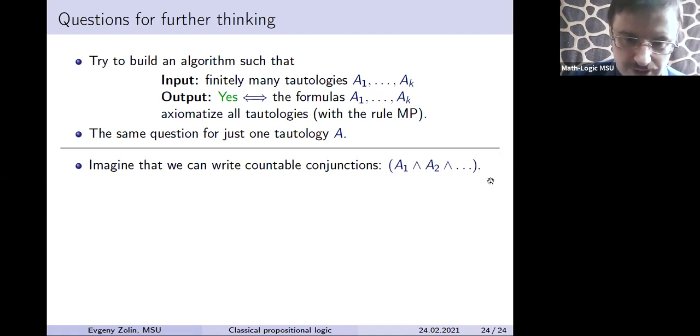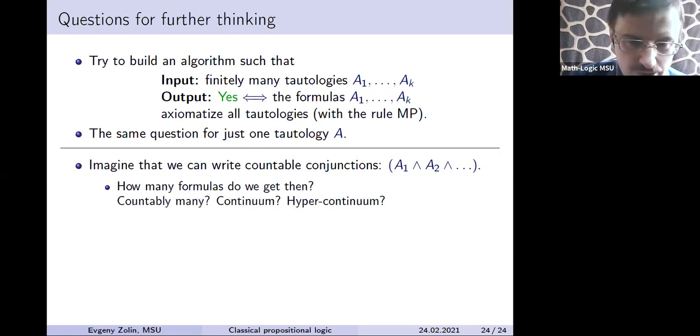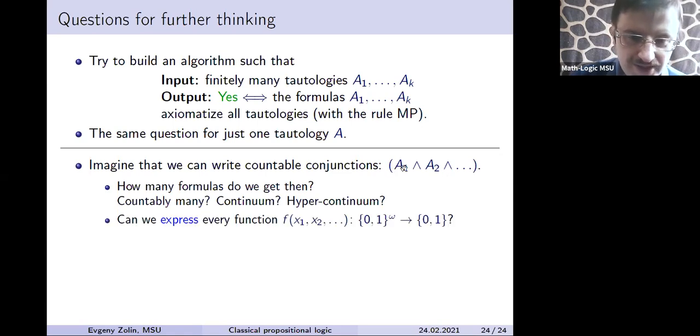Now the question is, firstly, how many formulas do we get if we allow countable conjunctions? Will this set of formulas still be countable, or will it have continuum many formulas or hypercontinuum many formulas and so on? Try to find this cardinality. And secondly, now we can express some functions with infinitely many arguments.